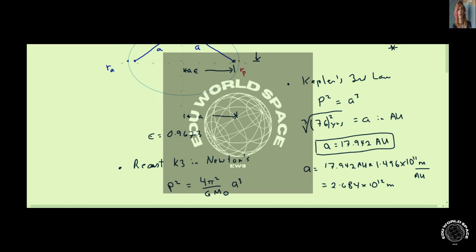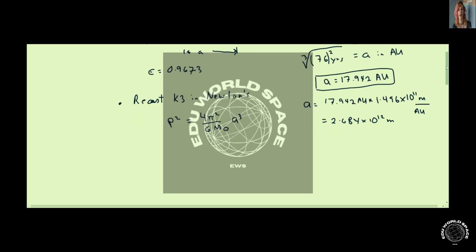And this is where, if we put everything in SI units, we can actually calculate the mass of the sun. So we'll have to take the period as 76 years and convert that into seconds.